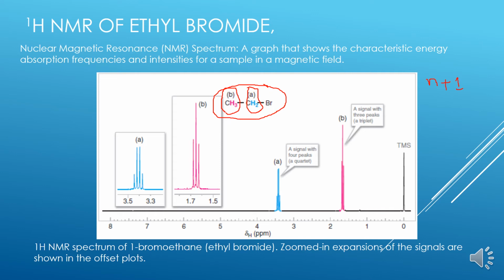So this CH2 methylene group splits into 3 plus 1, that is 4 peaks, because the number of neighboring protons with respect to CH2 is 3, therefore it will be 4.